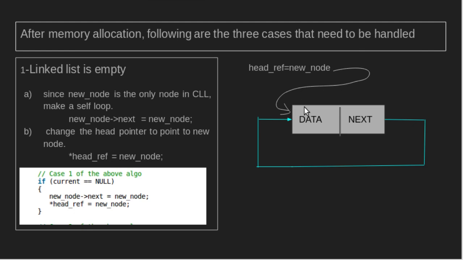Earlier this head pointer was pointing to null. Now this is the code. If current equal null, this statement is checking whether the head is pointing to null. Then new node dot next equal new node, head pointer equal new node.